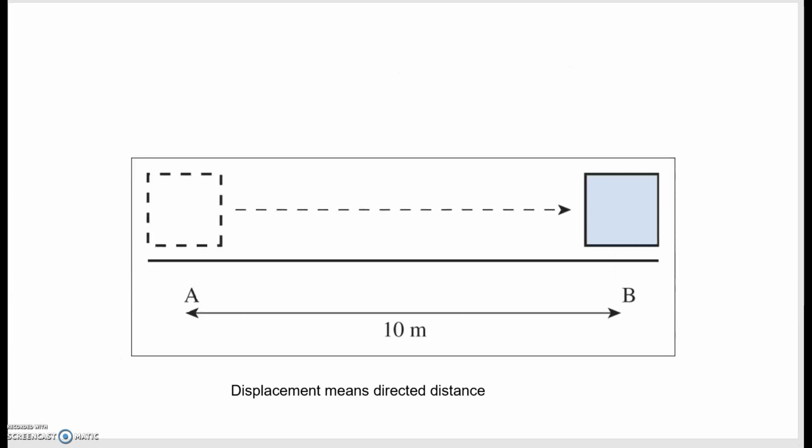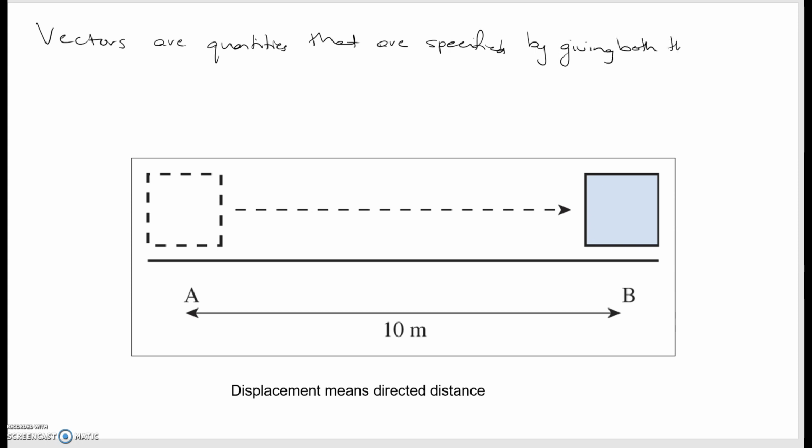So, just a definition, and we'll put it in a red box in a minute: vectors are quantities that are specified by giving both their magnitude and direction.